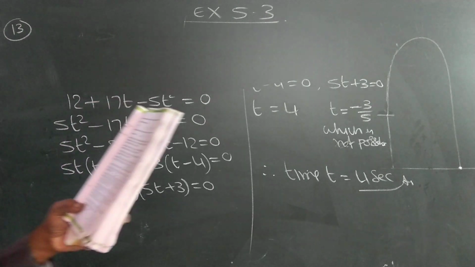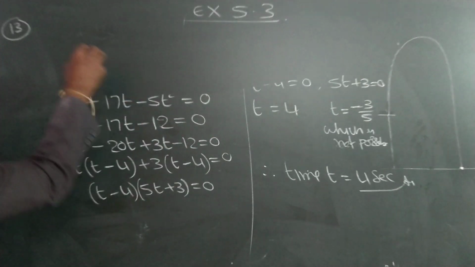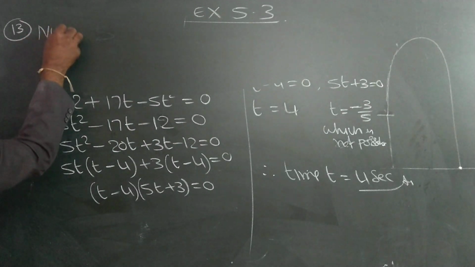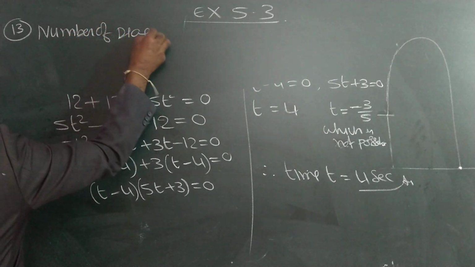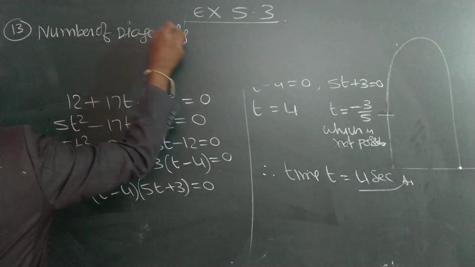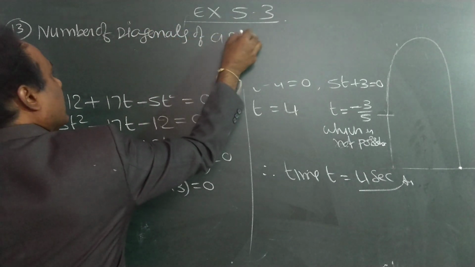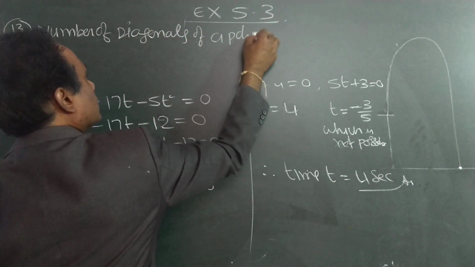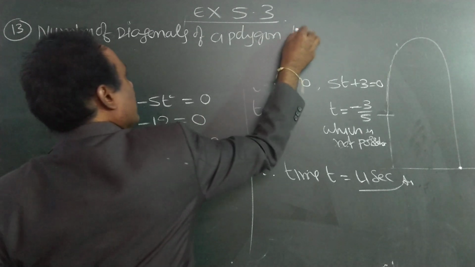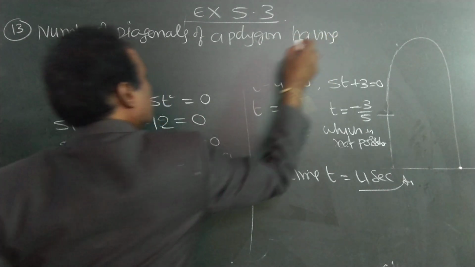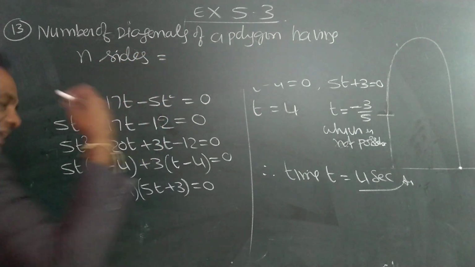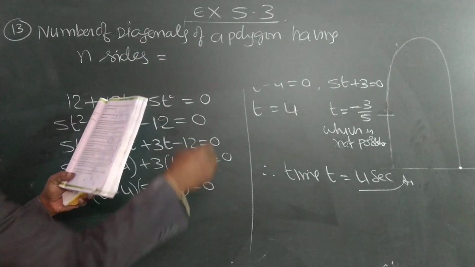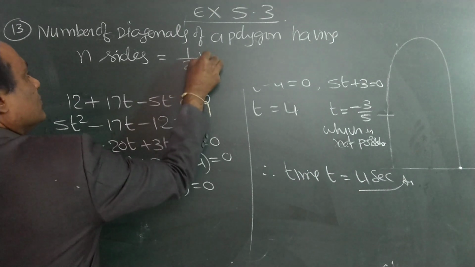If a polygon of n sides have, see here, number of diagonals of a polygon having n sides is given in the problem, half n into n minus 3.